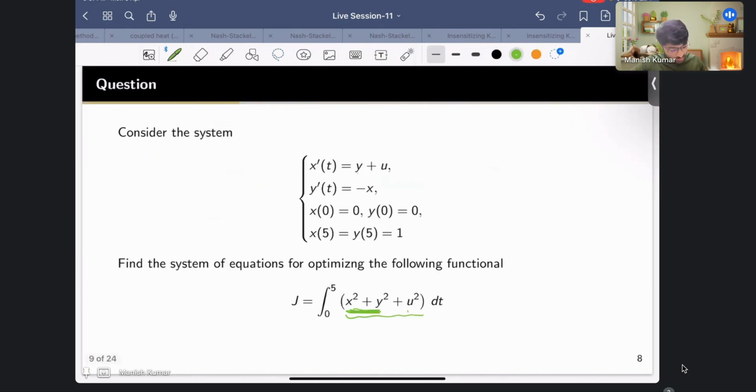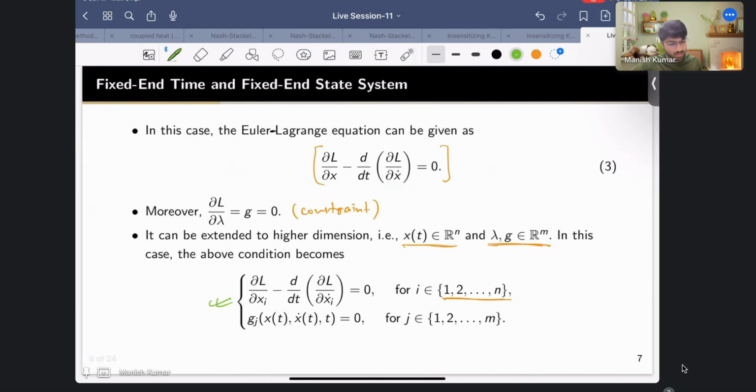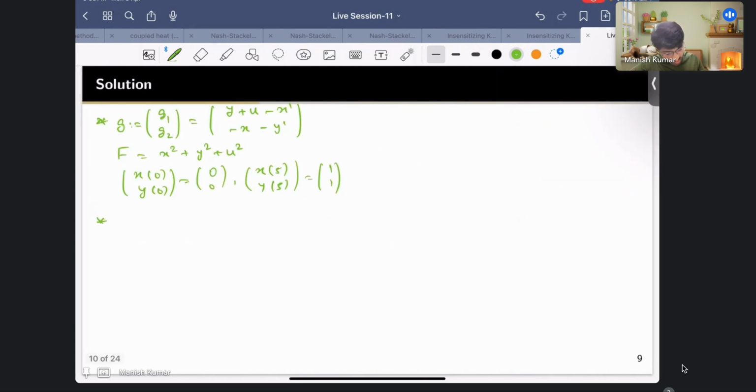Now let us see what was the equation. The equation was del L del xi minus d dt of this, and you have to equate it to 0. So let us first define what is L. L was F plus lambda times the constraint, right? So here it is F plus lambda dot product with G. Lambda would be lambda 1, lambda 2, dot product with this G1, G2.